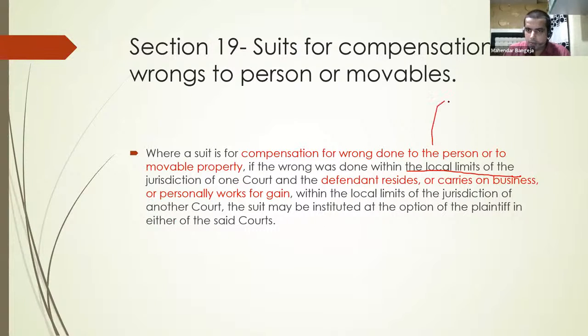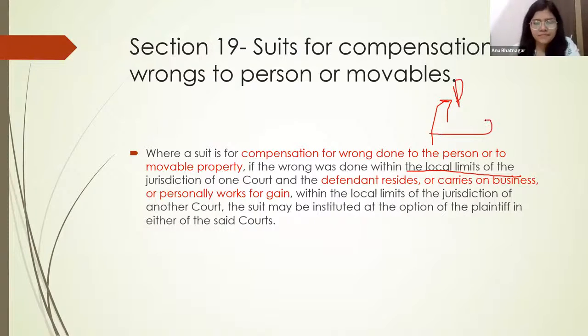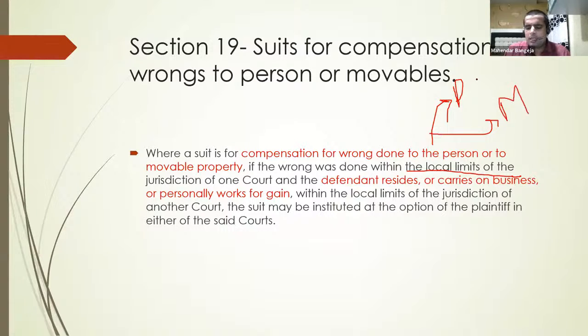Meaning कि for example wrong commit हुआ दिल्ली में and defendant is residing in Mumbai, you can file the case in both the places, जहाँ पर wrong commit हुआ है और जहाँ पर defendant reside करता है. Simple.